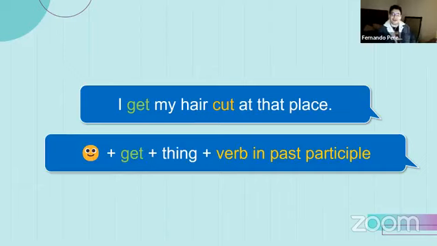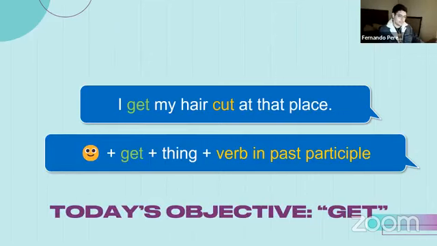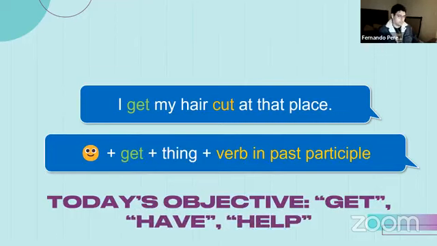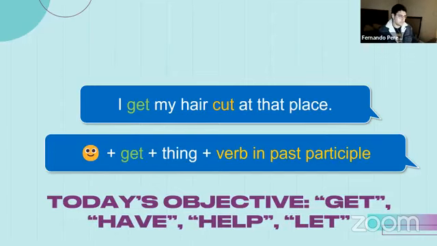This is a special set of structures that we use, and it's going to include the verb get, the verb have, the verb help, the verb let, and connectors 2 and 4.